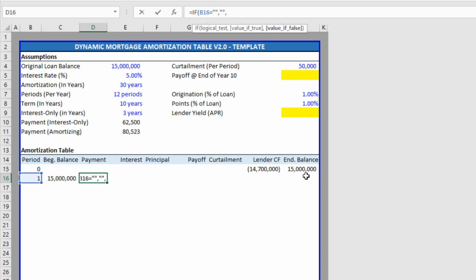Otherwise, what we want to output here is either an interest-only payment, an amortizing payment, or whatever payment amount would be required to pay off a beginning balance that's less than the required payment. And why is that necessary? Well, because we have curtailment here, there may be a situation where the beginning balance is actually less than the required payment.